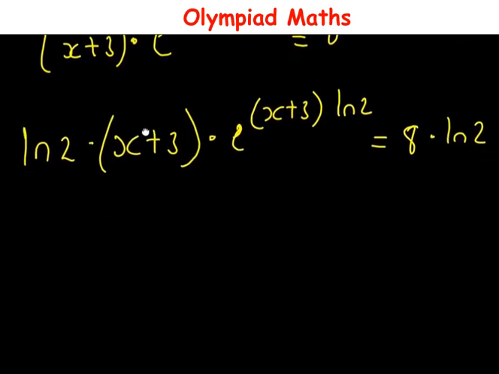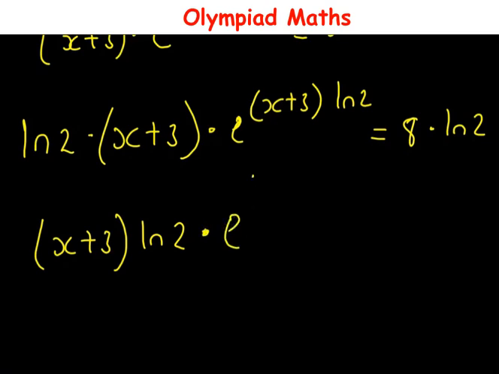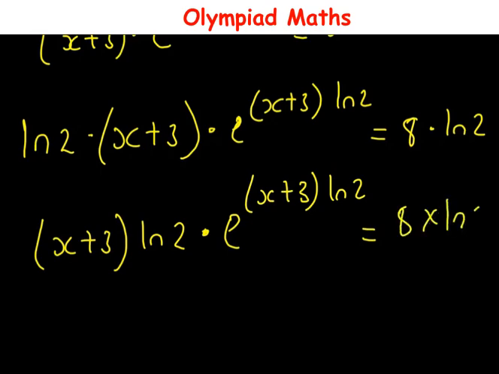This becomes x plus 3 times ln 2, then multiplied by e raised to power x plus 3 times ln 2, is equal to 8 times ln 2.